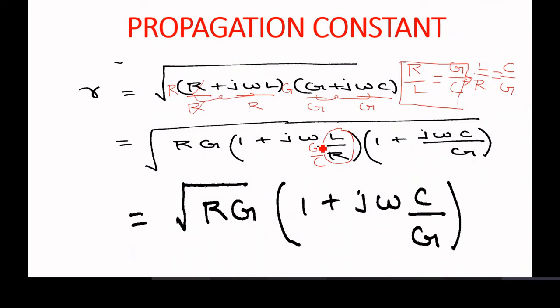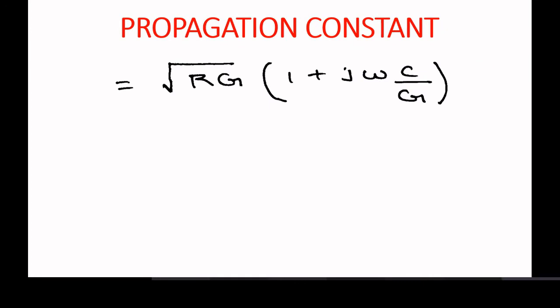Then we get the propagation constant as square root of RG into 1 plus j omega C by G. This is the expression we have for the propagation constant.